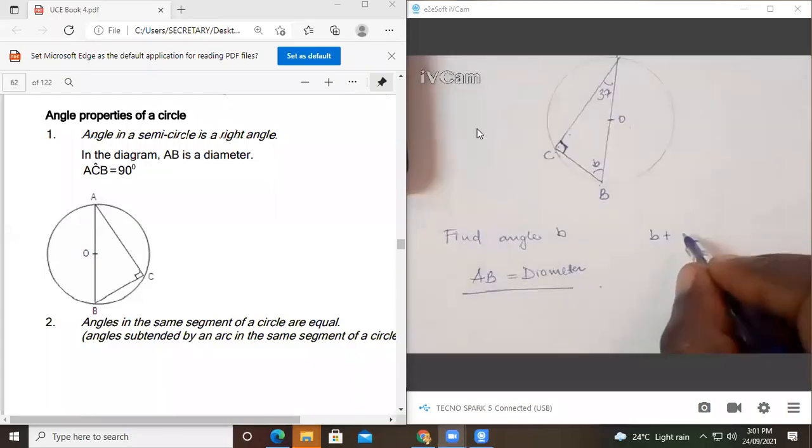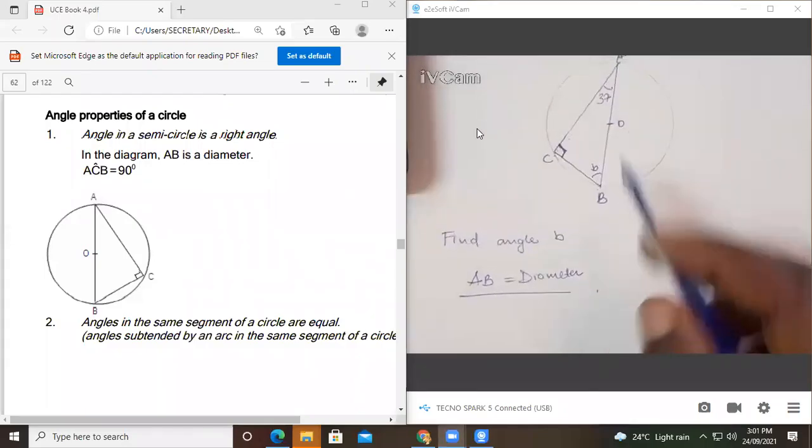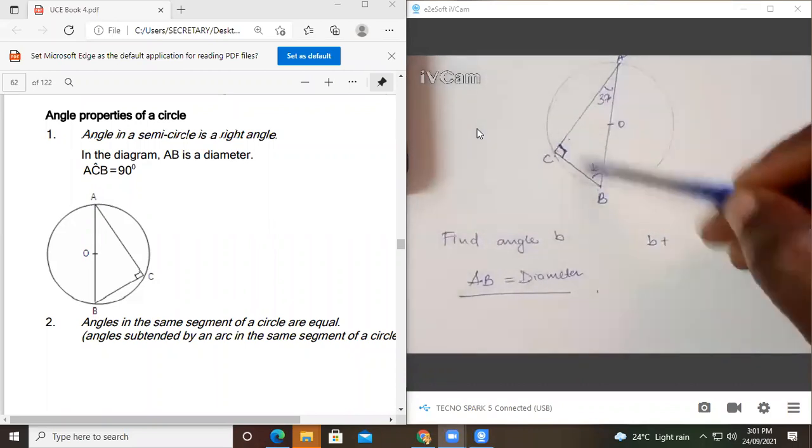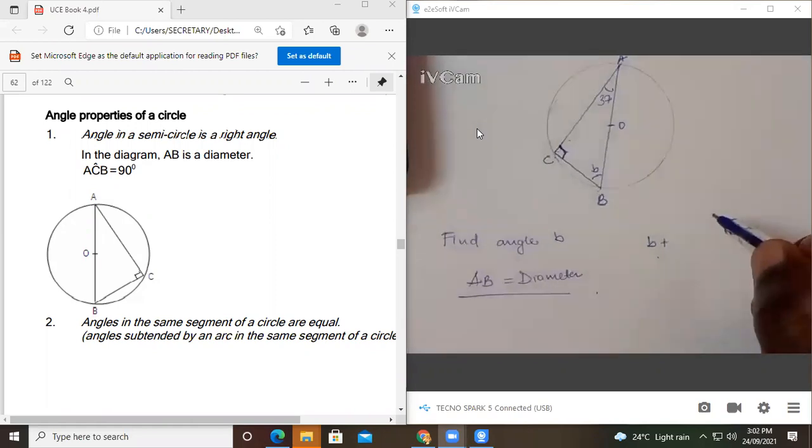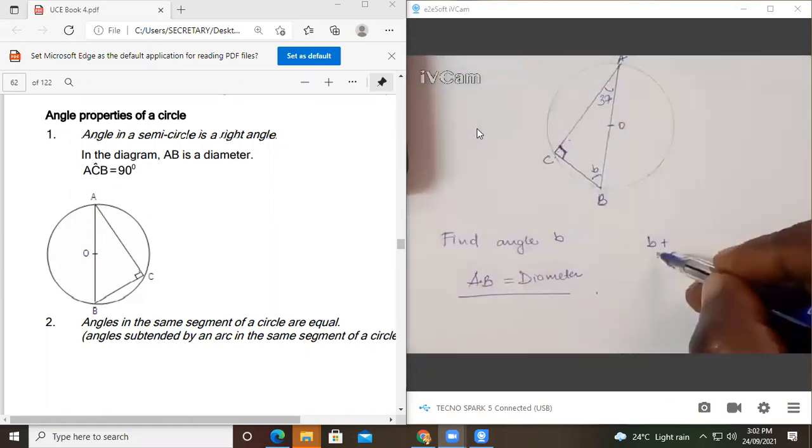Cynthia, can you tell us how we can find B? We have a triangle here which is right angled. How do we find B? Members, can you get serious?